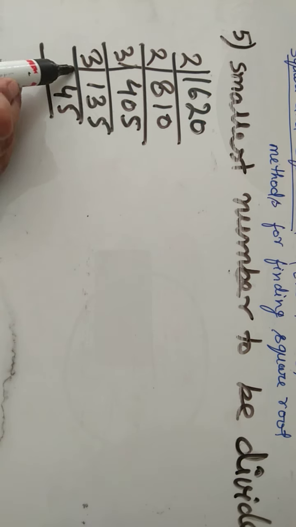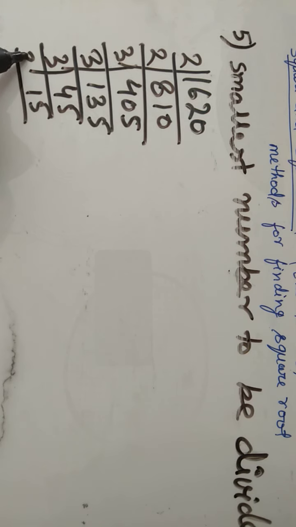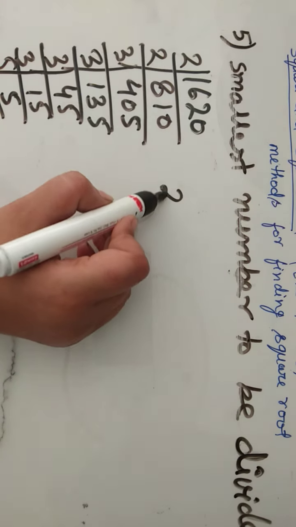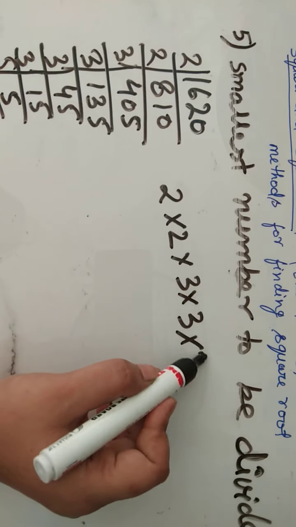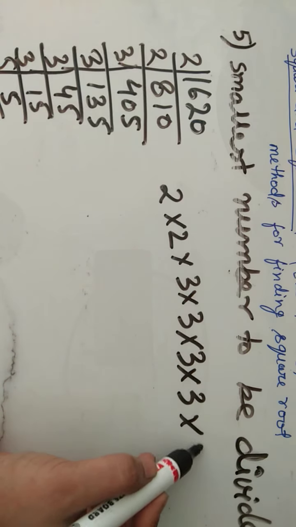Now फिर 3 से, 3 1 is 3 and 3 5 is 15, then 3 5 is 15, then 5 1 is 5. So what are the factors? 2 into 2 into 3 into 3 into 3 into 3 into 5.